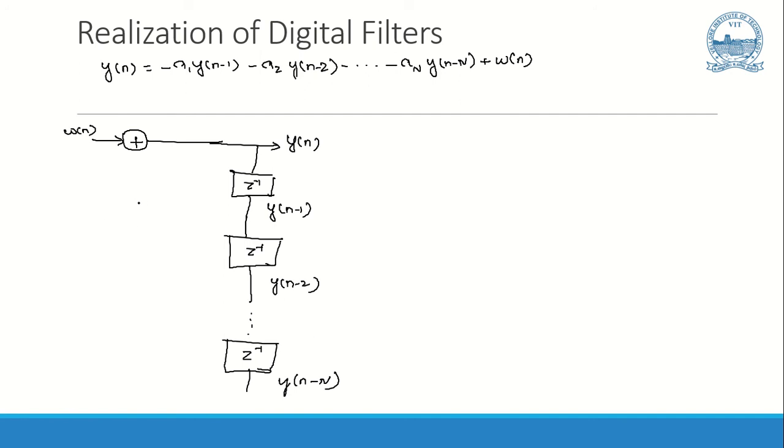Now what I'll do, I'll have an adder here, and this gain I'll keep as minus a1.